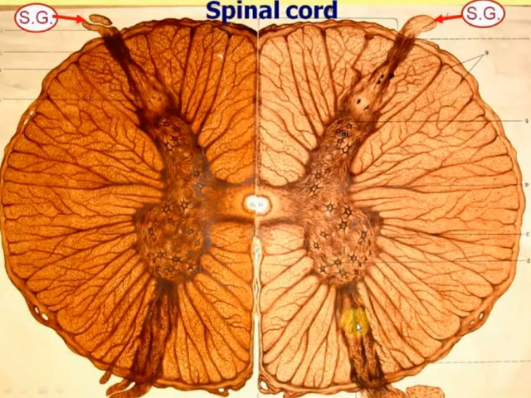Their axons form the anterior roots and fuse with the posterior roots to compose the mixed peripheral nerves. All neurons in the spinal cord are multipolar. In the anterior horns they are effector motor neurons. In the posterior and lateral horns they are intermediate neurons.